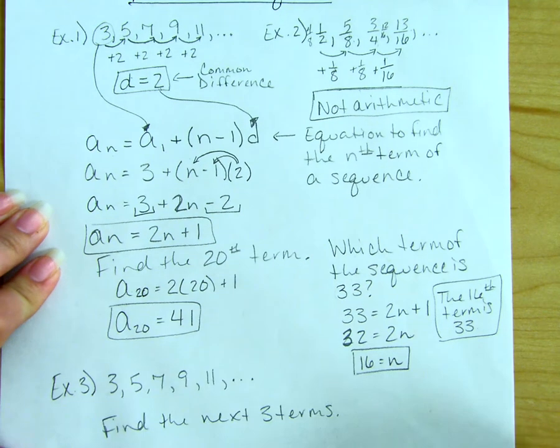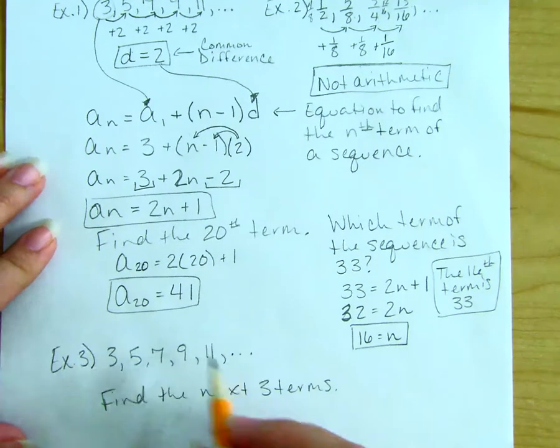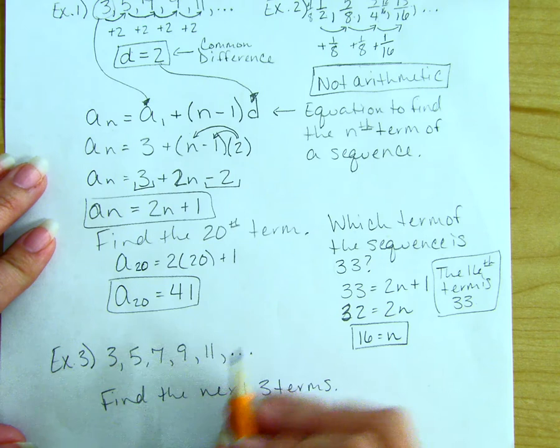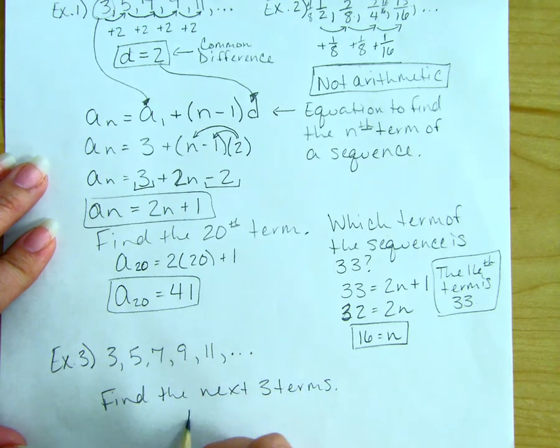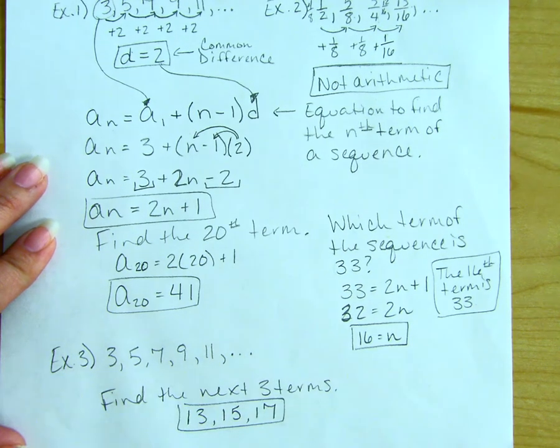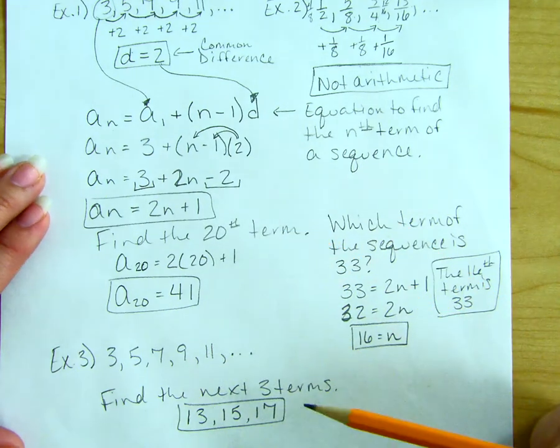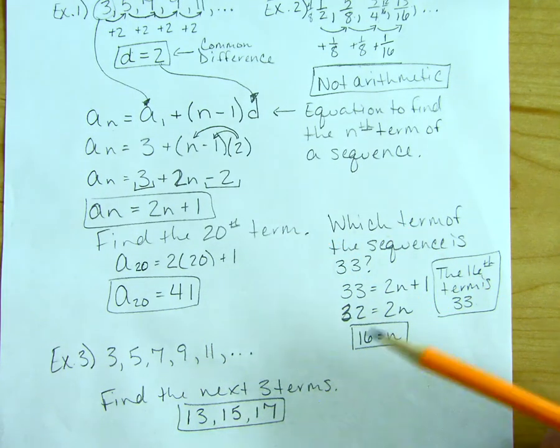You could do that without the equation. You simply just follow the pattern. So you add 2 to each one. Well, the next 3 terms are going to be 13, 15, and 17. Those will be the next 3 terms, because I just finished the pattern. So you only use the equation when you need to. If they just ask you to find the next term or the next 3 terms, you can do that without the equation.